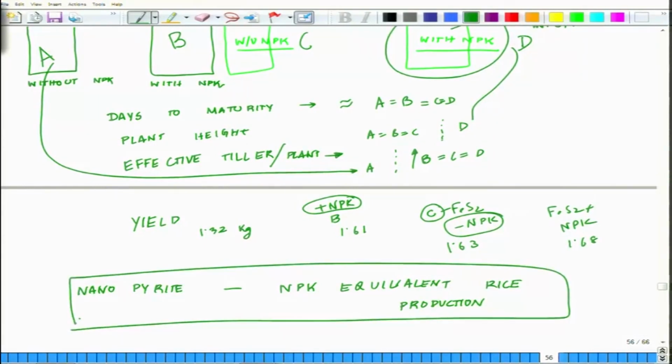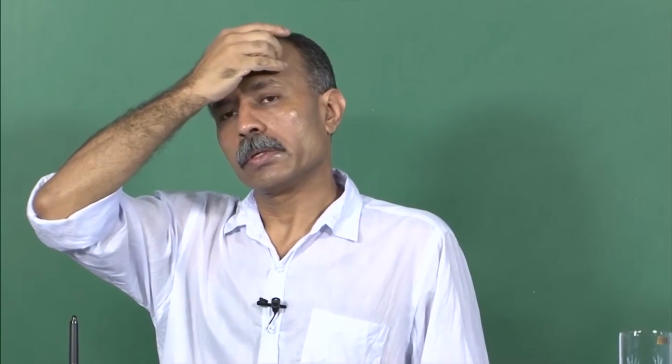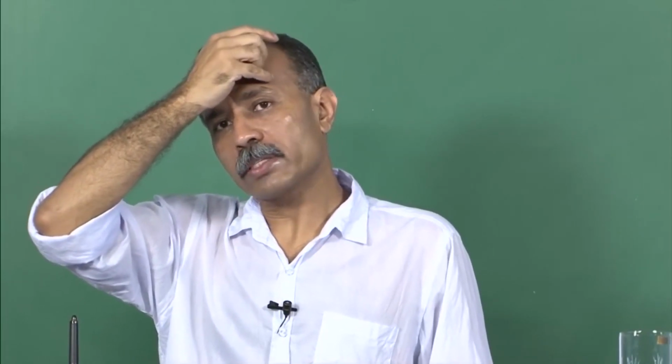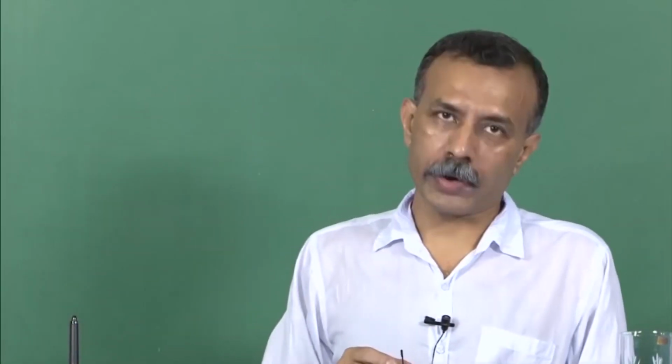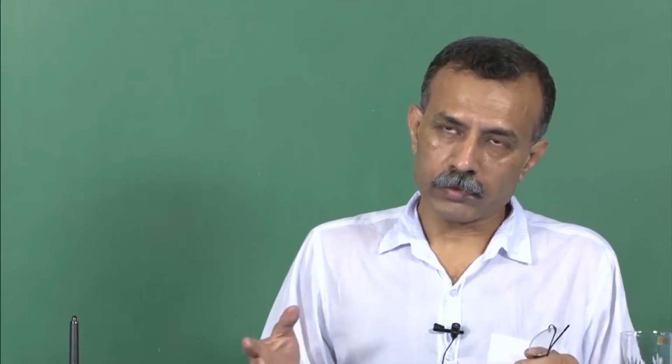This is what emerged from these field trials, that FeS2 indeed brings about some very interesting change in the seed, which is manifested in the form of grain yield as well as vegetable production.